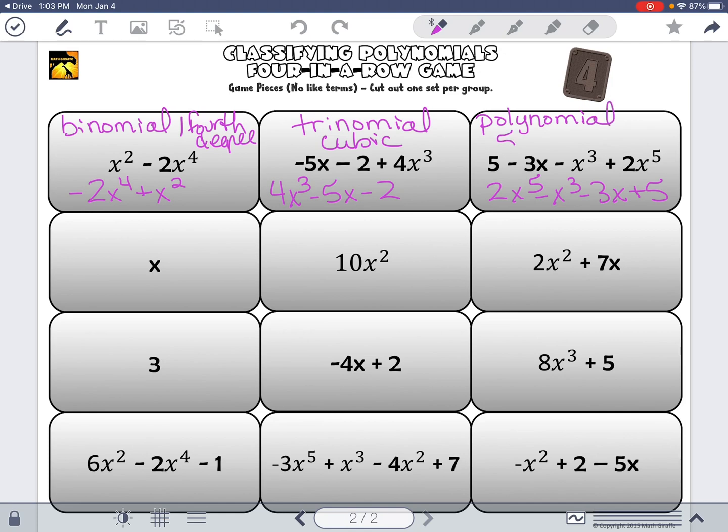Highest degree is 5, so it's a 5th degree. This is just an x to the 1st power, so it's called a monomial. But it's linear because it's to the 1st power. 10x squared is also a monomial. But since it's to the 2nd degree, it's called a quadratic.